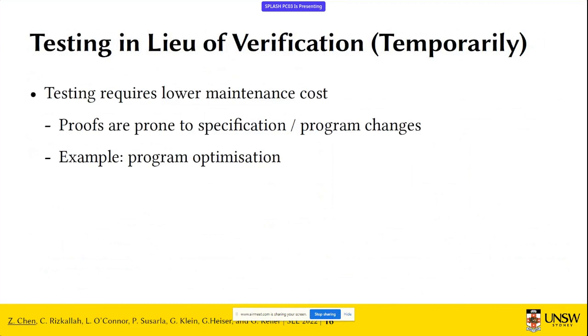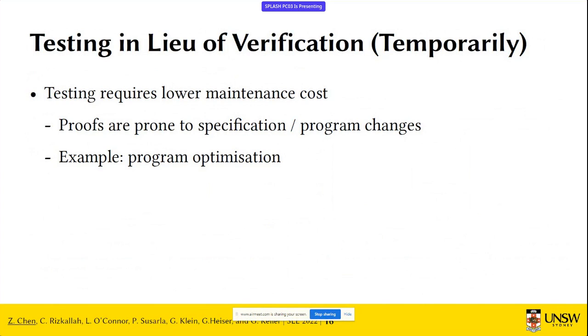Also, using tests in lieu of verification has its benefits. For example, testing usually requires a lower maintenance cost when your specification or your program changes. It's much easier to reestablish a test than a proof.